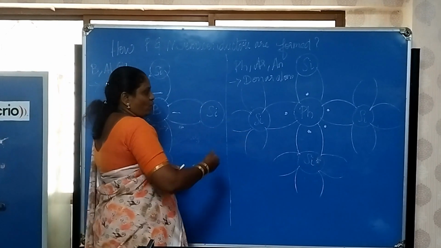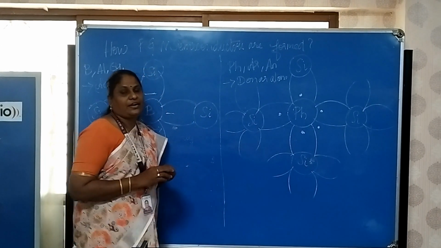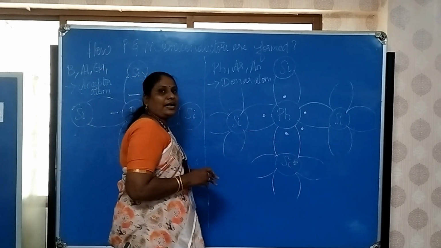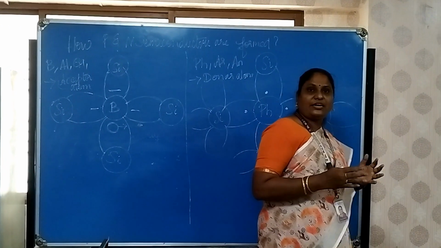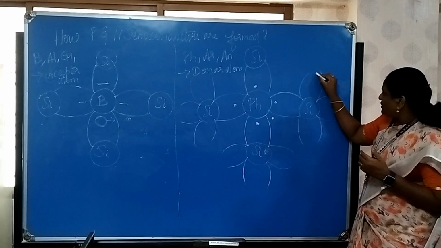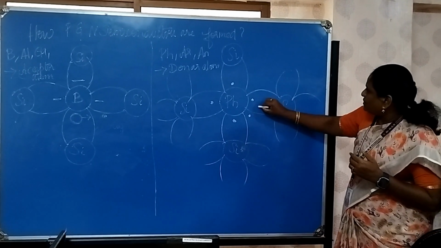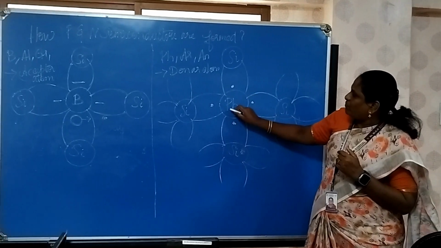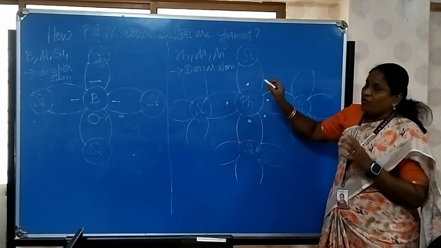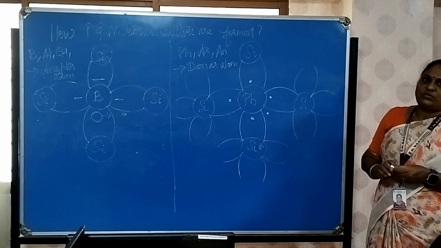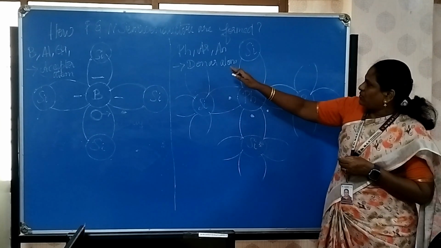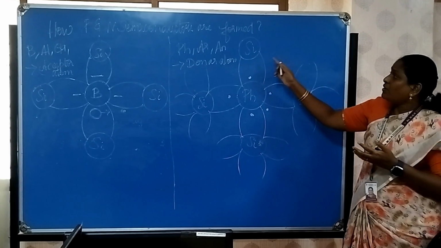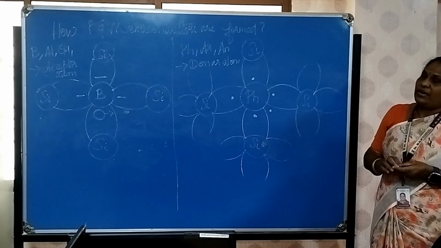Next we will move on to the N-type semiconductor. How are N-type semiconductors formed? Here a pure semiconductor, which has 4 electrons in its outermost orbit, is added to an element which has 5 electrons in its outermost orbit. For example, phosphorus, arsenic, these are elements which have 5 electrons in their outermost orbit.